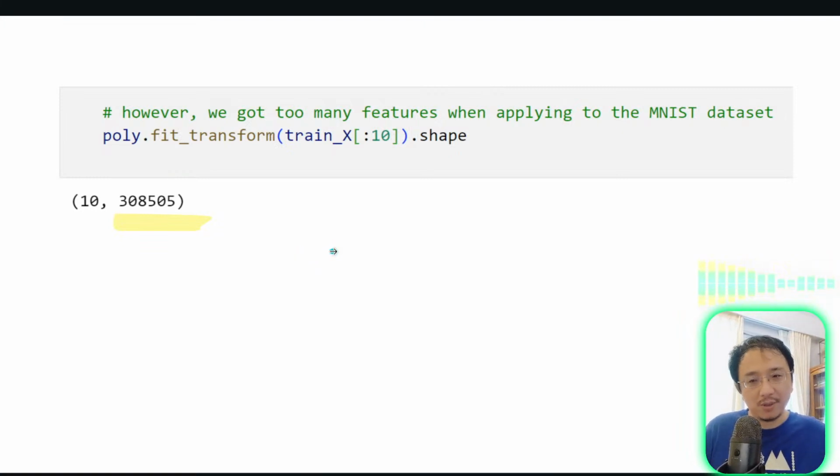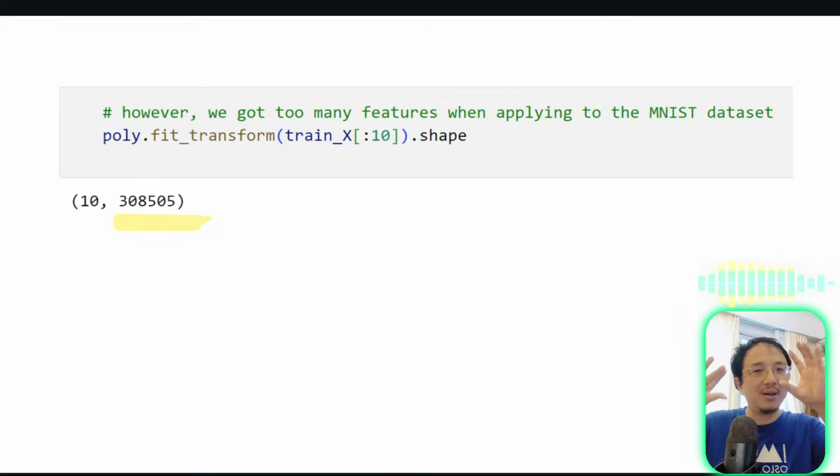Because we don't only have x, y. For each pair of different features, we have a second order degree feature. So it's more like 800 squared divided by 2.